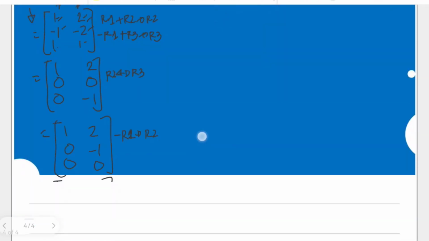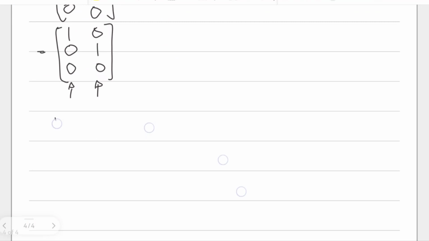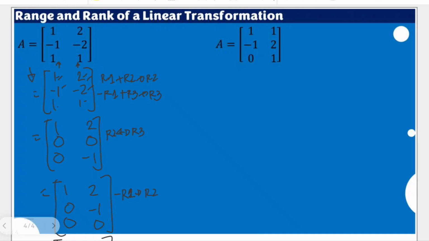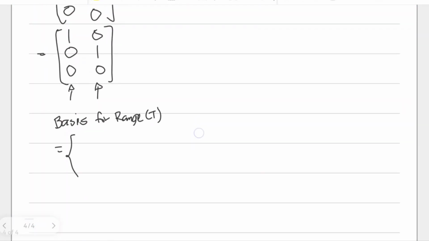So our basis now, let me rewrite it here. The basis for the range of T is a set containing those two columns, 1, -1, and 1. So you have here 1, -1, and 1, and you have 2, -2, and +1.